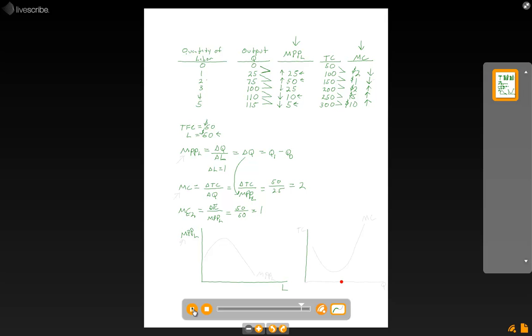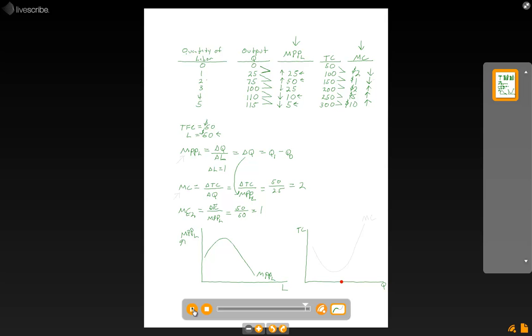And then in this graph, we are going to plot our total cost, against output. For the marginal physical product of labor, you notice it rises dramatically and then it falls off very quickly. So your marginal physical product curve is going to look something like this. Marginal physical product of labor.